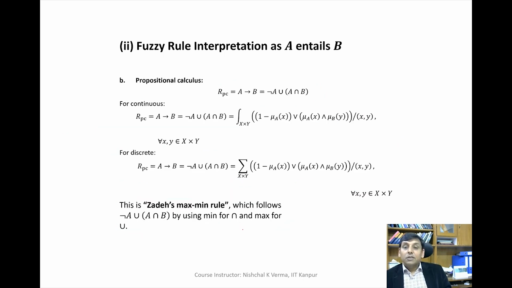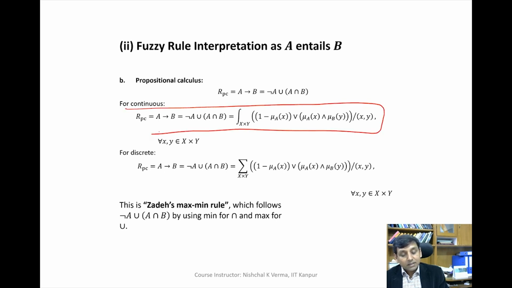Now, the propositional calculus, where the fuzzy relation set R_PC, where we have A entails B, is the union of negation of A and the intersection of A and B. So when we apply this to continuous fuzzy sets A and B, we are going to get this expression.